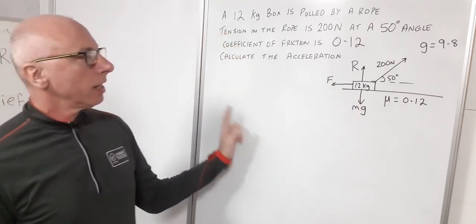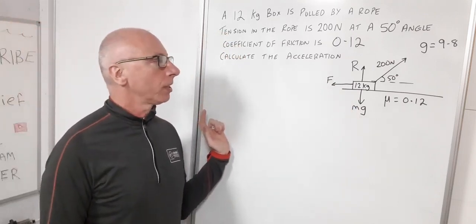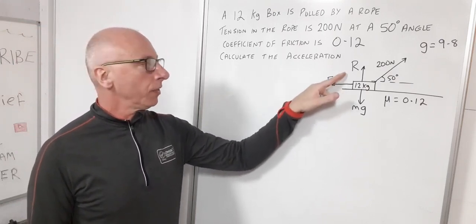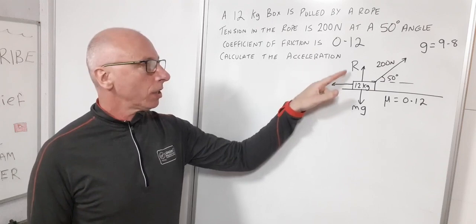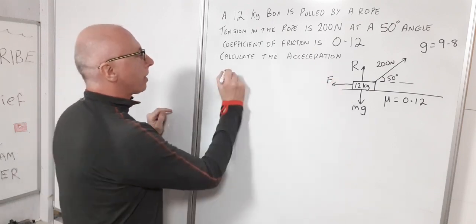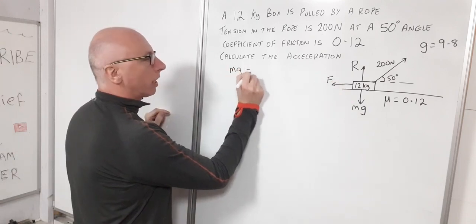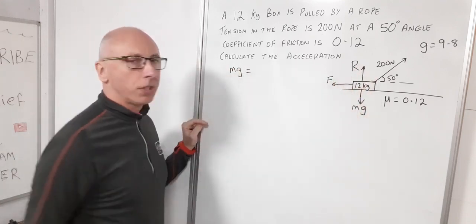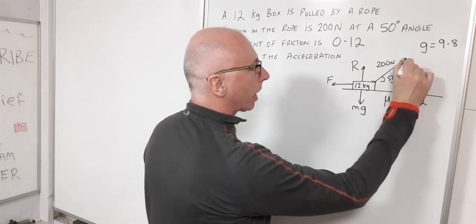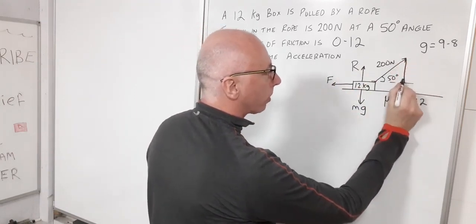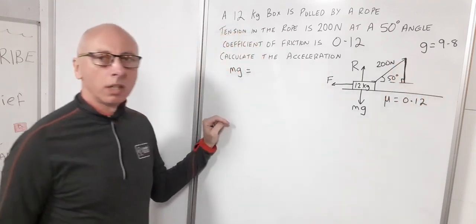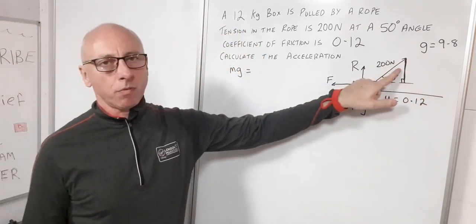Okay, now let's do some calculations. So the box is not moving in any direction in a vertical up or down motion, so these two forces will be the same. So what we can say is that mg equals the force in the vertical direction upwards, which will be coming from the rope. Now to calculate that, if we make a triangle here, we can calculate the force in this direction will give us what's coming from the rope.